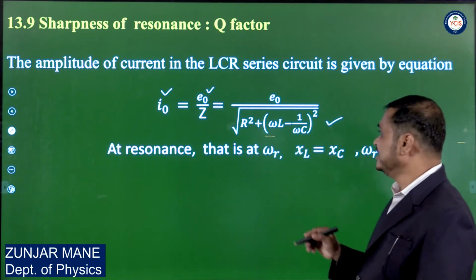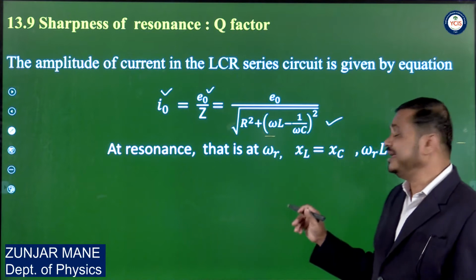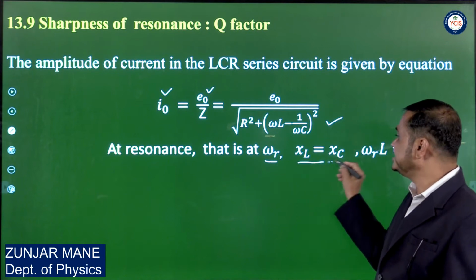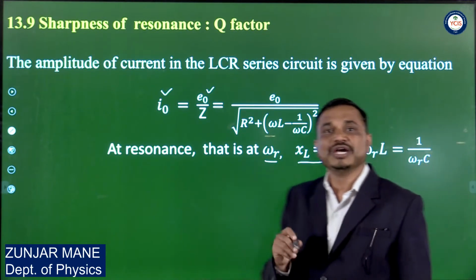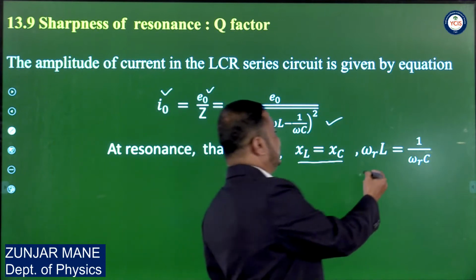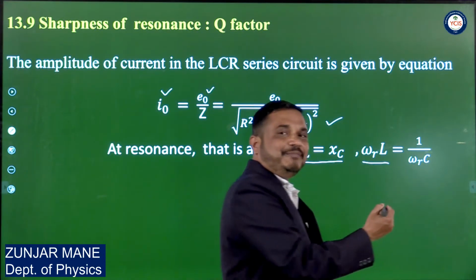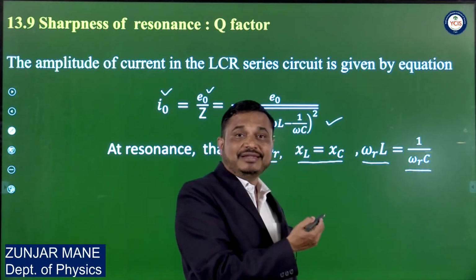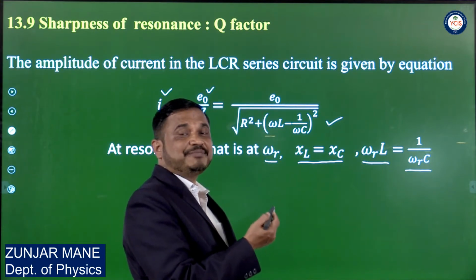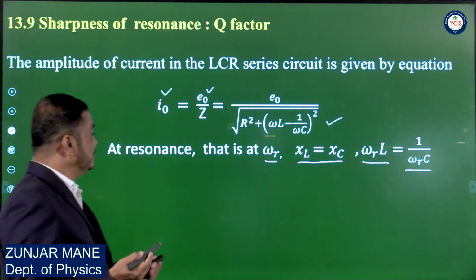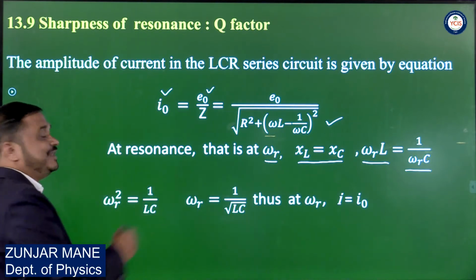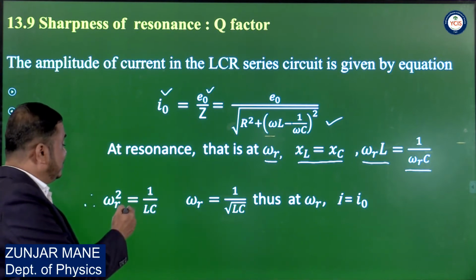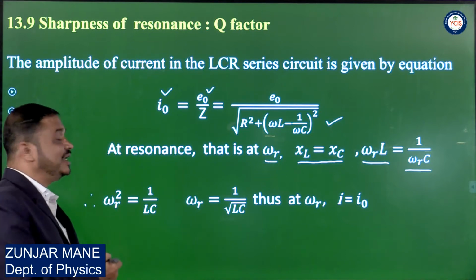At resonance, suppose resonance is taken at an angular frequency omega suffix r, for which XL is equal to XC, that is inductive reactance omega L is equal to capacitive reactance 1 upon omega C. So at resonance, omega_r L is equal to 1 upon omega_r C. If we simplify that equation, we get omega_r square is equal to 1 upon LC.